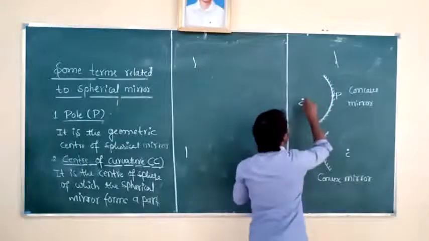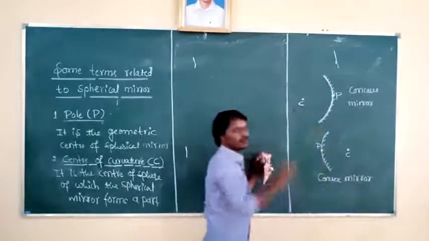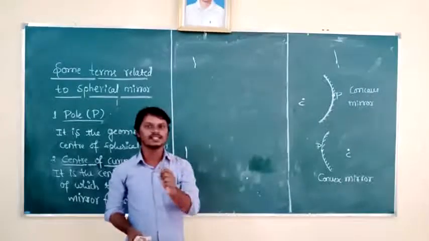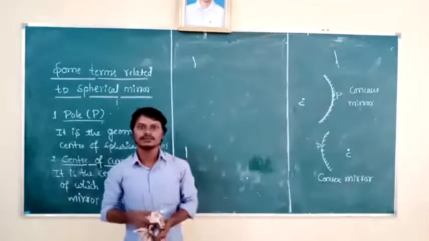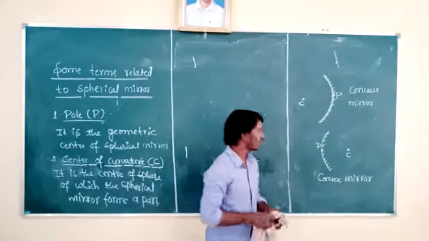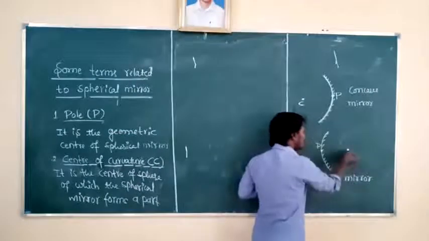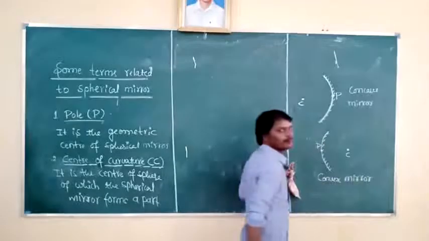The center of the sphere of which the spherical mirror forms a part is called the center of curvature for the given spherical mirror. Here also it is a center of curvature. If I extend this, it will become a sphere, and the center of this sphere will be the center of curvature for the given spherical mirror.